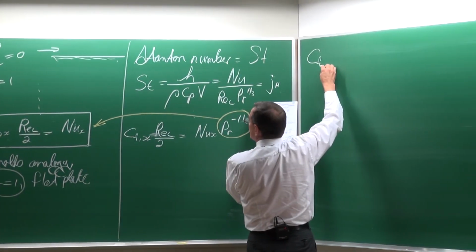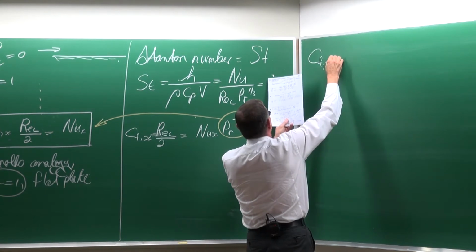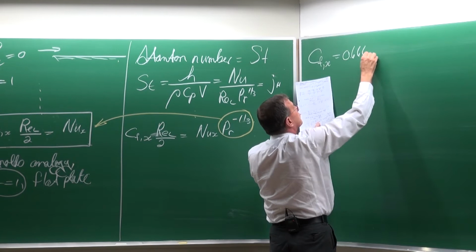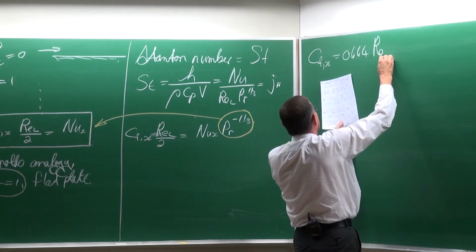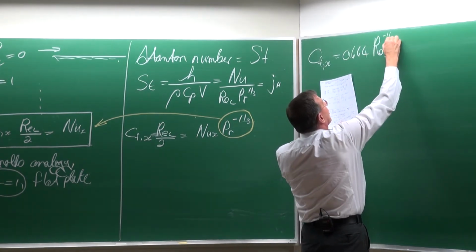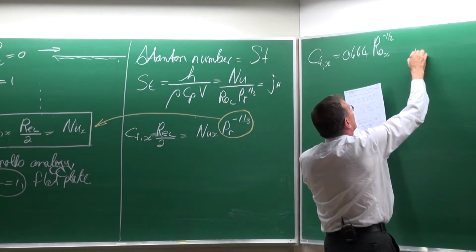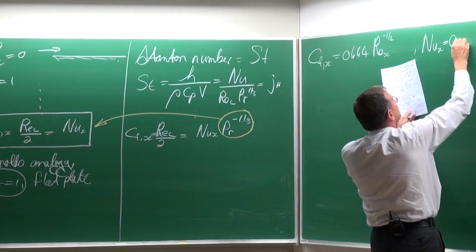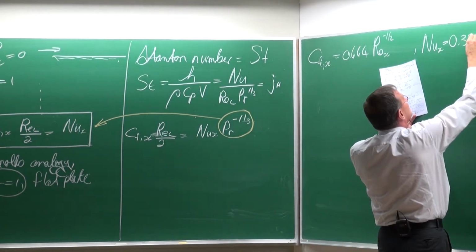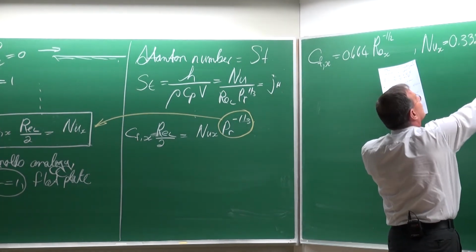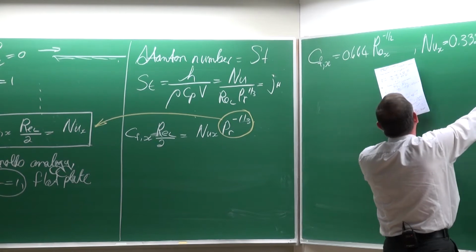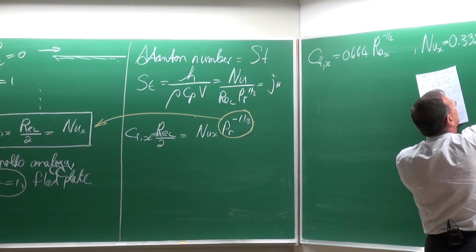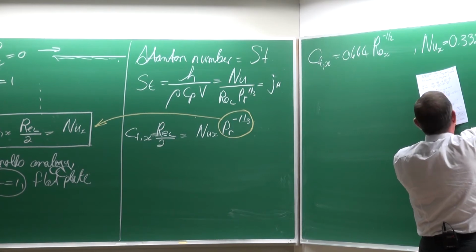the skin friction value at a point x is equal to 0.664 Reynolds x to the minus a half, and the local Nusselt number is equal to 0.332 multiplied by Prandtl to the third multiplied by Reynolds x to a half.